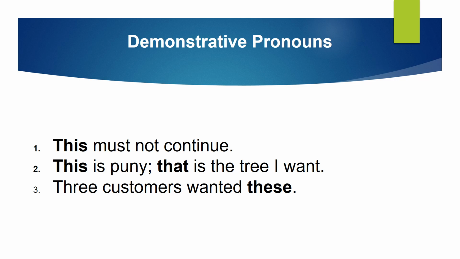So the words "this" and "that" are the demonstrative pronouns for singular things. Then sentence number 3: "Customers want this." "This" is the demonstrative pronoun, so it is the direct object of the verb.